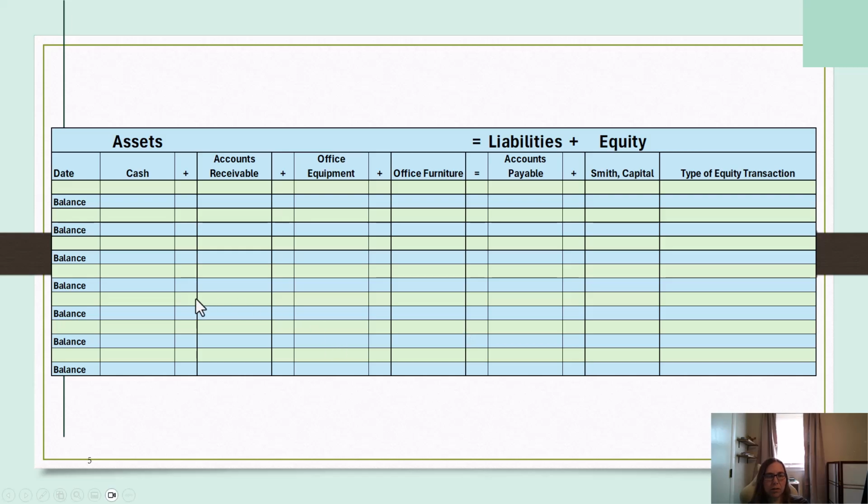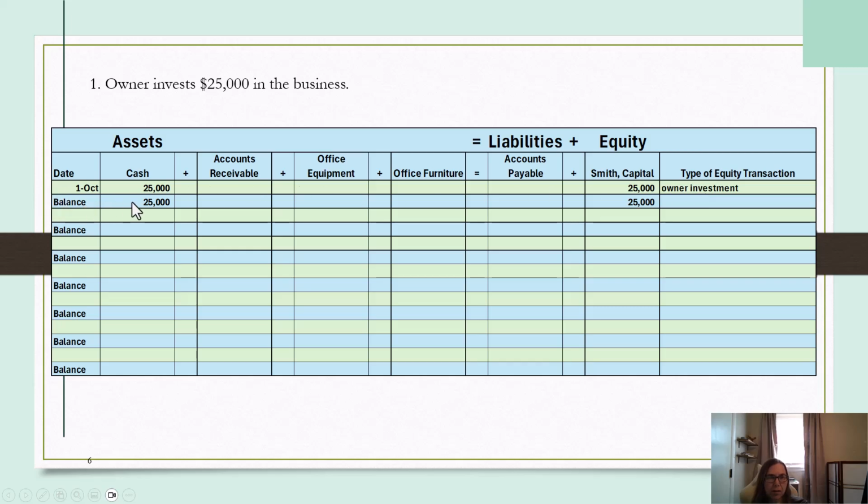The first transaction is the owner invests $25,000 in the business. So that's going to affect the business cash, and that's going to affect the business capital account or owner investment account. And this is what it might look like. So the green line is going to show the actual transaction itself.